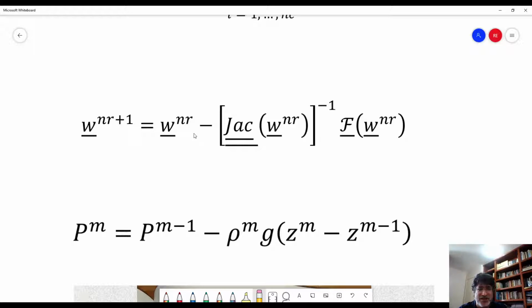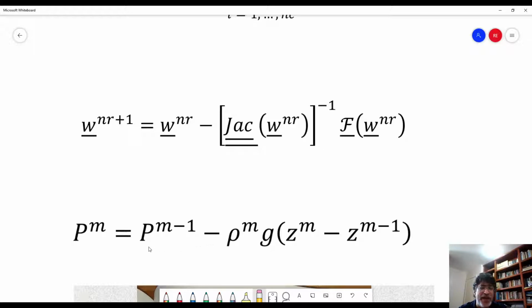The guesses of pressure and composition at the next level, and you will update the mass fraction by a Newtonian iteration, just like that. When you update the composition, you use the new composition at the level of interest, the level for which you are calculating the pressure and compositions.